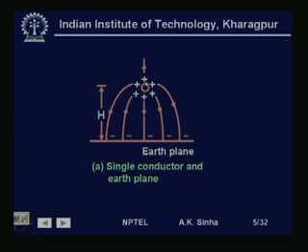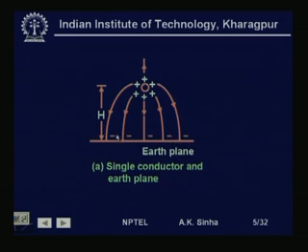Now, if we see that there is a conductor as shown here, the phase conductor, which is charged with positive charge q per meter length, then the electric field lines should be radiating from this in radial direction, but because the earth is acting as an equipotential surface, these field lines will bend and go to the negative potential on the earth.